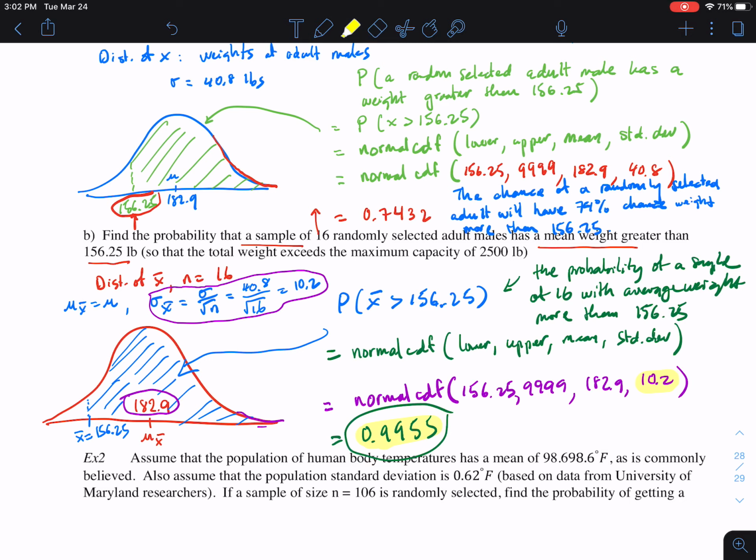That means we are likely to have a group of 16 adult males whose average weight exceeds 156.25 pounds, meaning there's a really high chance that the elevator will be overloaded if we see a group of 16 adult males in an elevator. Now, if you're like me, short and skinny, you walk into an elevator and see 16 people that look like me, chances are the elevator won't be overloaded.